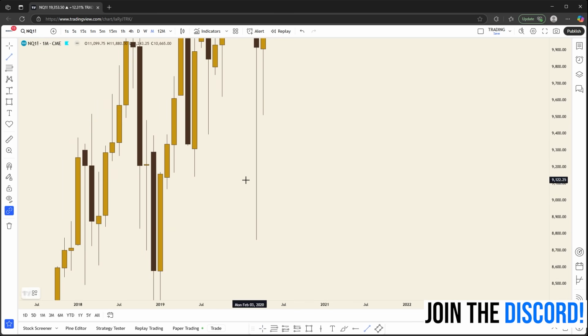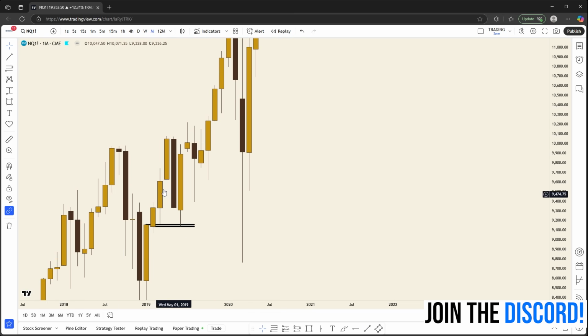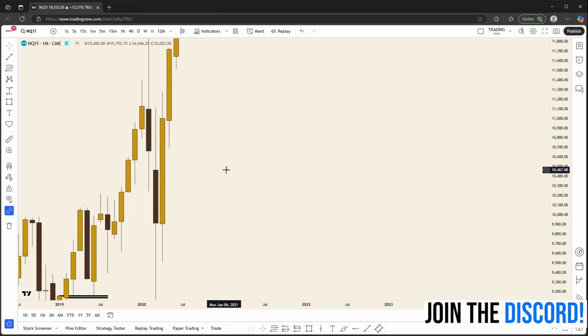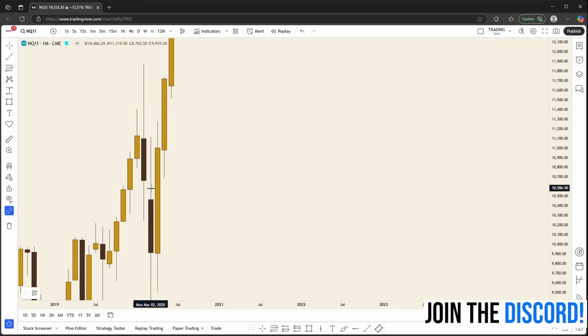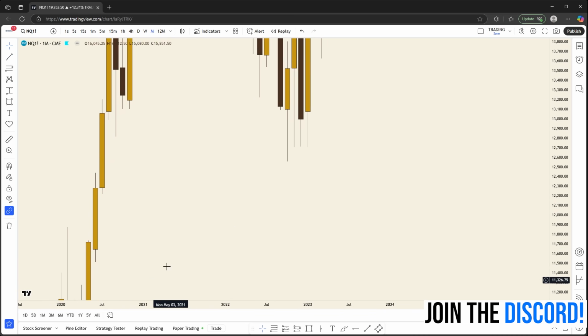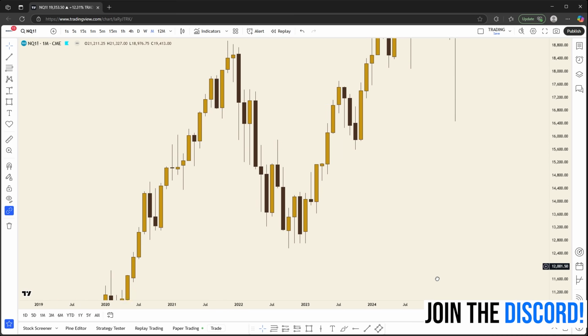Here's an overlap level that was not connected. Here we go. We had an overlap level that was not connected to any sort of fair value gap, and price comes down, trades into it. Just like we had a volume imbalance right here in a fair value gap, but it went down into here. It also went down into the order block. So yeah, it's kind of hard to find an example of these turning inversion on a high time frame, but they do.